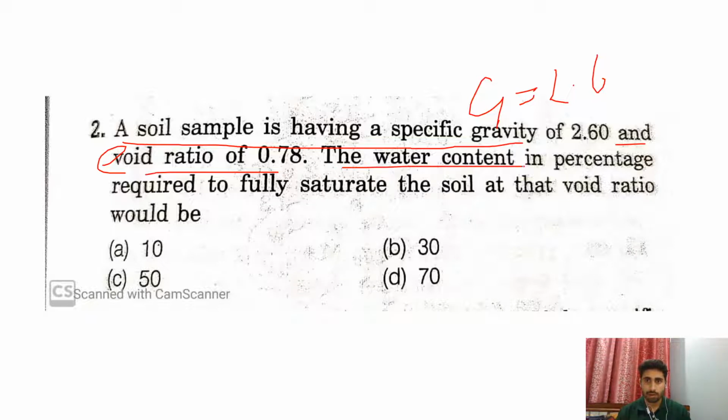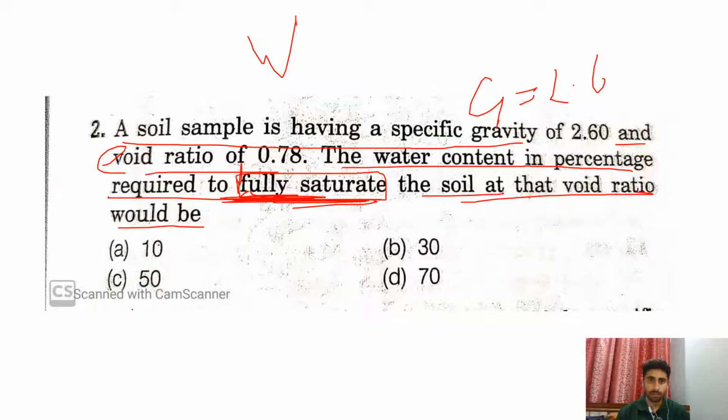The water content in percentage required to fully saturate the soil at this void ratio would be, we are asked to find W. Remember, highlight, fully saturate, remember this term. So let's solve this one.